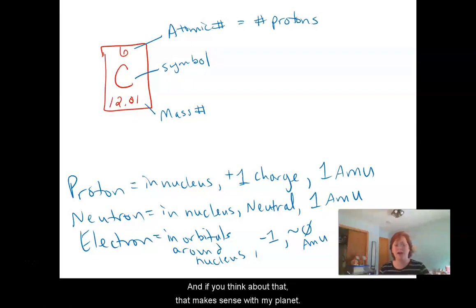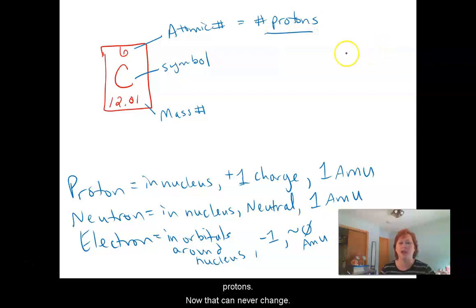And if you think about that, that makes sense with my planet. It's really heavy, has a lot of mass. And then those little satellites that are orbiting around the planet don't really have much mass compared to that overall planet. So back up here, my atomic number, these are my numbers of protons. Now that can never change. So every atom of carbon out there has 6 protons in its nucleus, all of them.